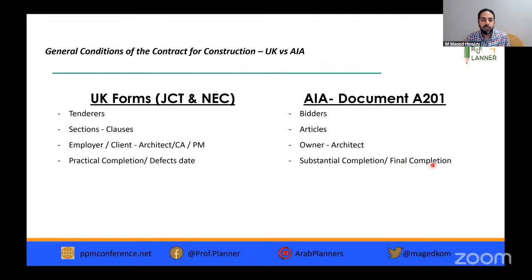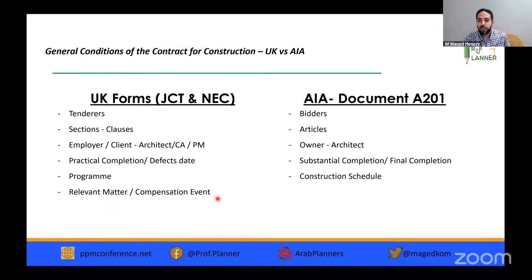In the UK we use program for the time schedule, while the American form calls it construction schedule. We have relevant matter for cost and relevant event for time in JCT, and compensation event for the NEC form. Here they have a change order. If you go to FIDIC, you will have variation order.